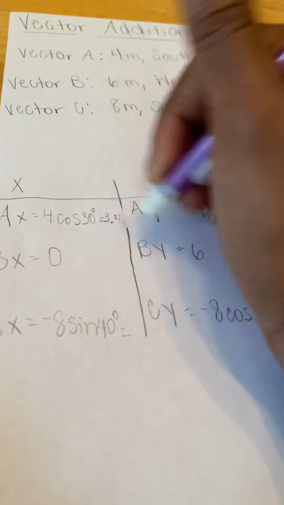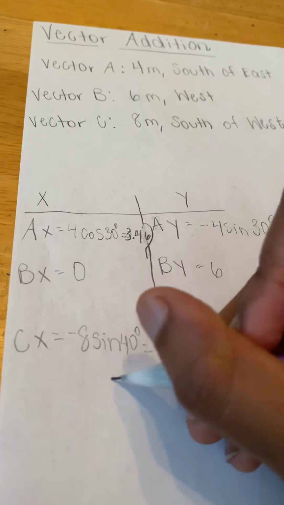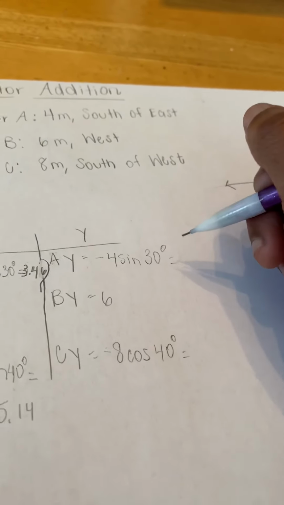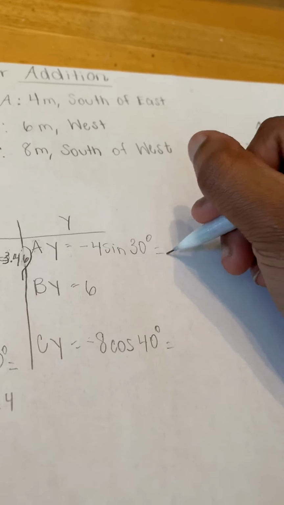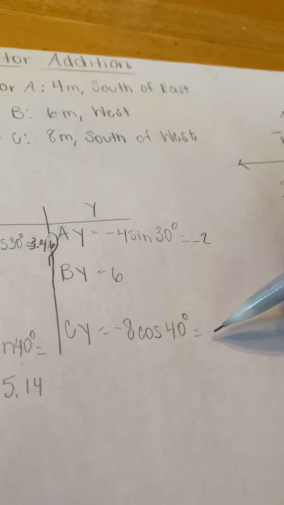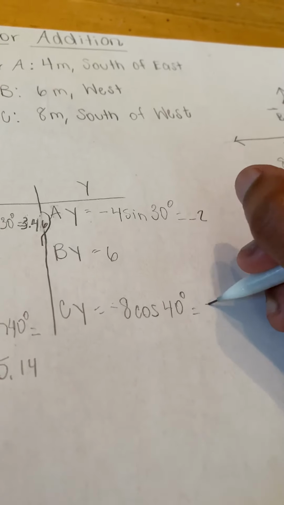Okay. And so this one is 0. This one is 5.14. This over here for the B side is negative 2. This all just stays the same, 6. And this one is negative 6.13.